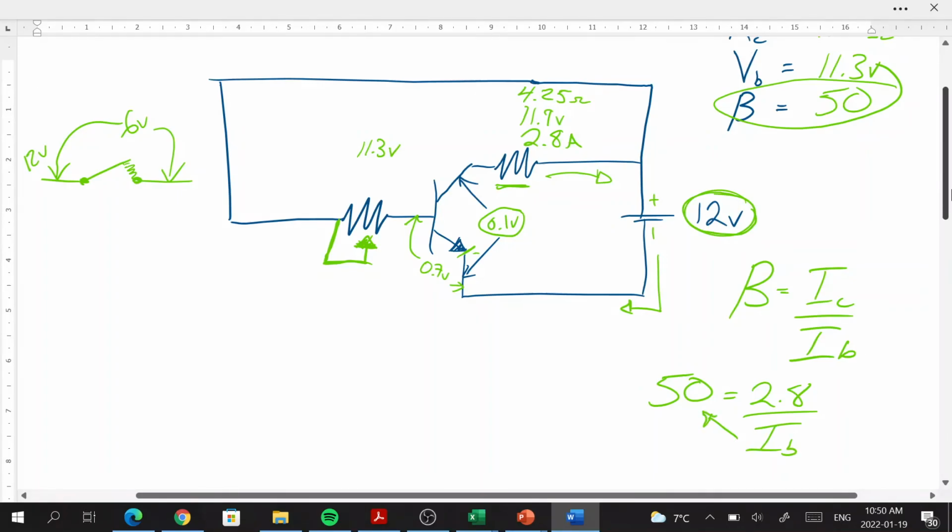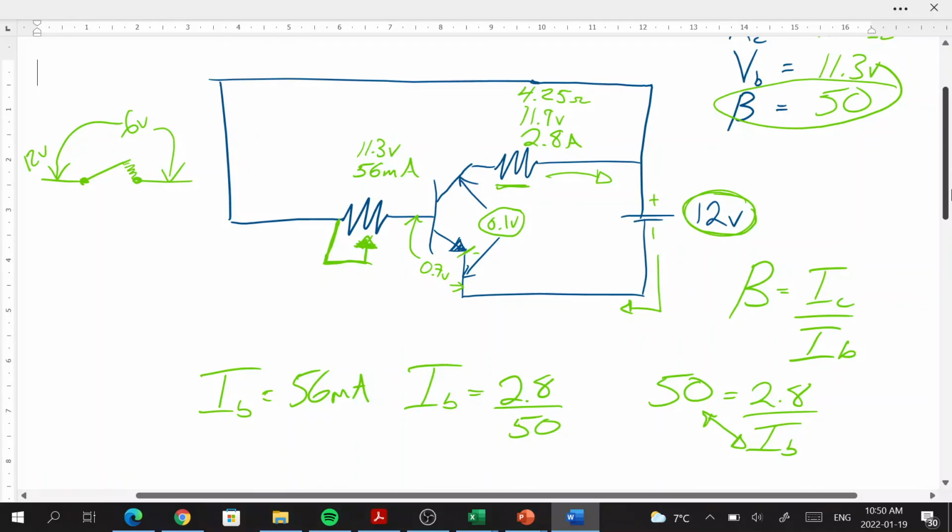Now we just switch these values here to transpose the formula. So then we're left with IB equals 2.8 divided by 50. And now IB is going to be 56 milliamps. So we can put in that information. Now what we're looking for here is the resistive value of this rheostat to saturate the circuit.